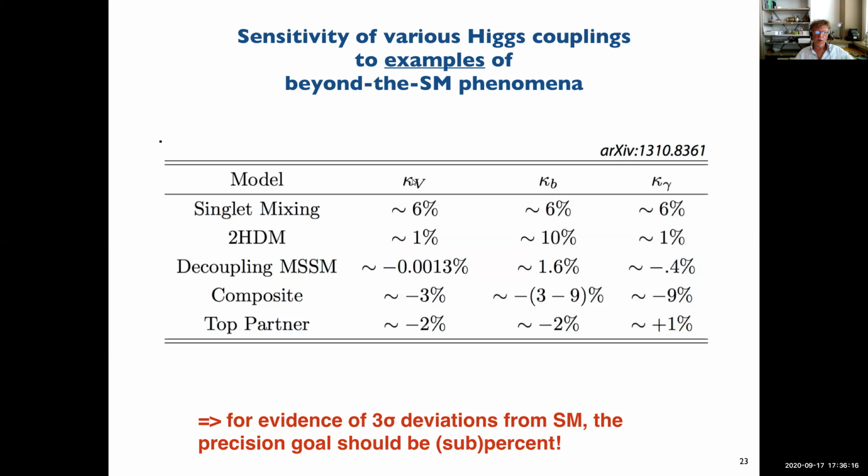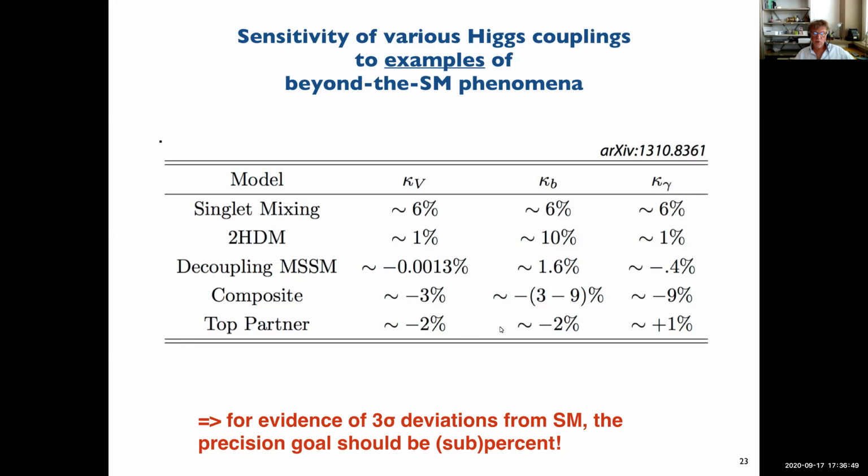What you see here, kappa V, kappa b, kappa gamma, are the effective couplings of the Higgs to vector bosons, WW or ZZ, to the b quark, or to the photon pair. For different models of new physics, this is the size of the effects that in principle one could have, consistent with other direct constraints on this collection of models.